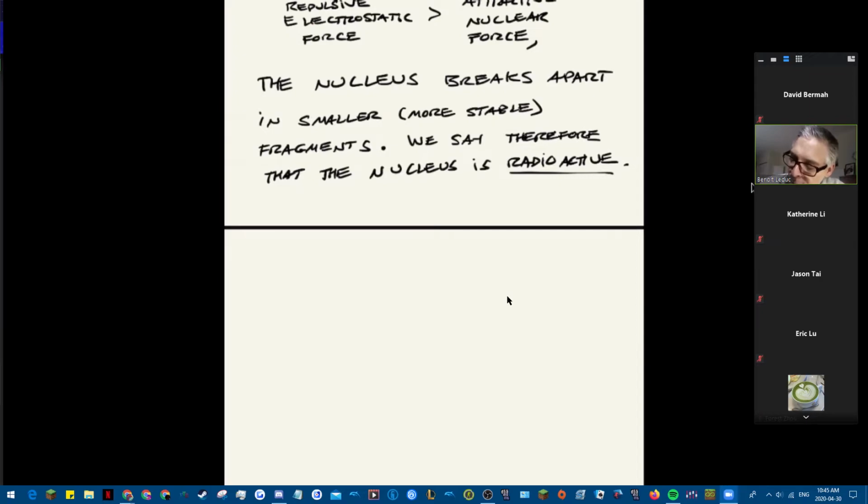Okay, a couple of things here. So a nucleus is made up of nucleons. All right, and there are two types of nucleons. So what are the two types of nucleons?